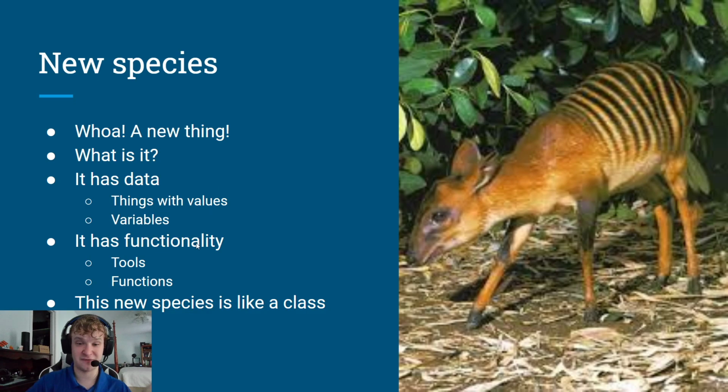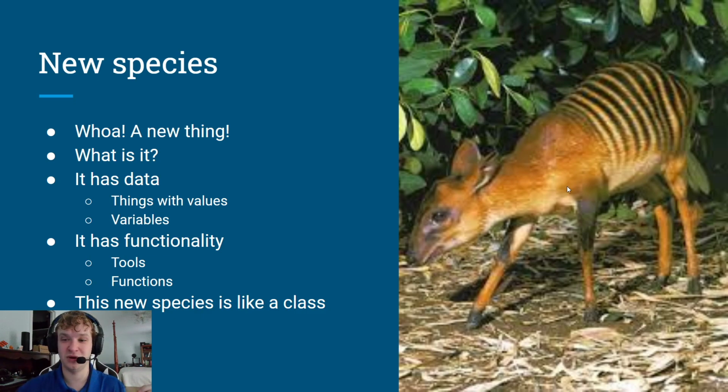They can also have functionality. There are functions you can ascribe to this new species. You can say, hey, I think this thing can run. It can run, it can eat, it can drink water, it can jump. Maybe it can dance, right? Maybe it has some strange functionality. What's cool is that in Processing, when you make your new class or your new species, you get to make whatever functions you want.